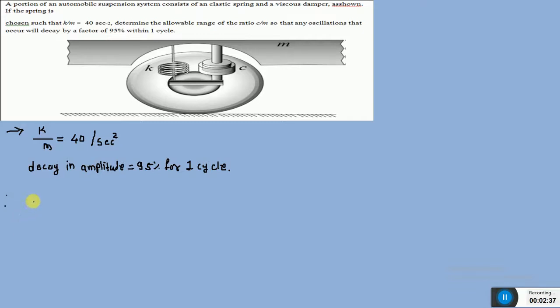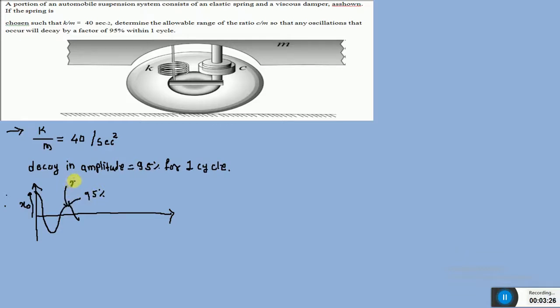If you draw the displacement versus time graph, and suppose the mass is initially displaced from its mean position by some displacement x0, that is the initial displacement, and from this initial displacement, if we release the mass, then it will vibrate, and after one cycle, this amplitude will reduce by 95%.